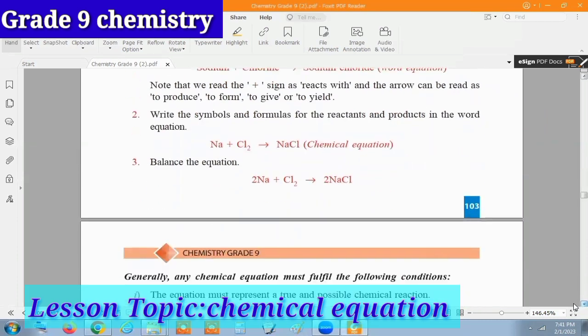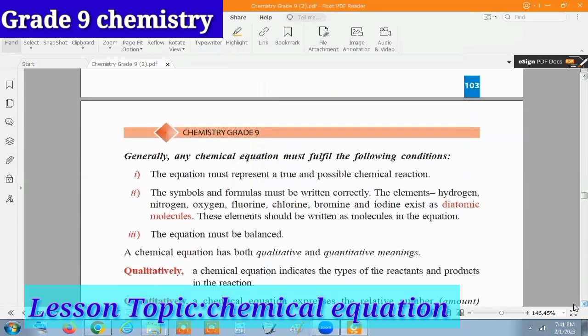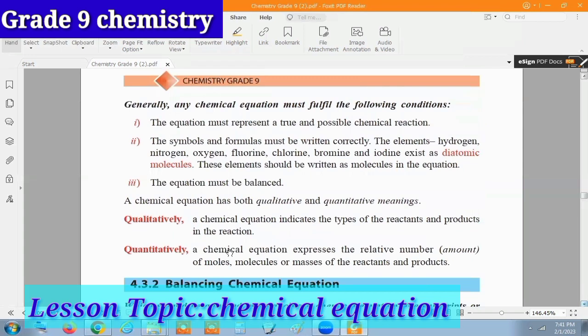Balancing means it is the process of giving appropriate coefficients on both the reactants and the products so as to have an equal number of each atom. Giving appropriate coefficients to equalize the number of atoms on the reactant and product sides is called balancing an equation. We will discuss it in detail under its own topic.